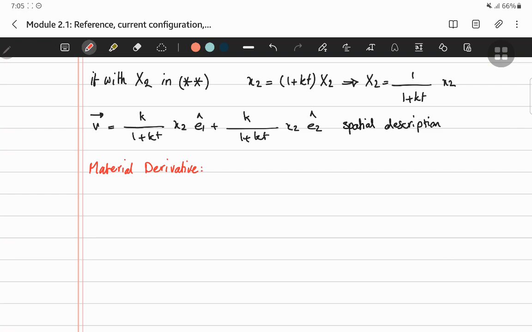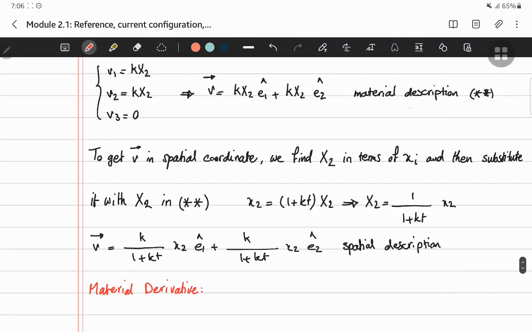Therefore, they are equivalent. And here we are using the material derivative because we want to get a kind of equation or relation where we will be able to calculate the derivative from the spatial description, as well as the one that we had for the material description.